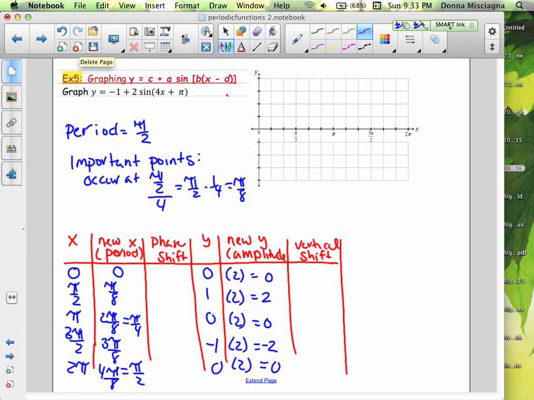All right, so my first point, and I'm going to use new x from the period change, new y from the amplitude change. So I'm going to start at 0, 0. And then the next point is pi eighths, 2. I don't know if you can see, but that right there is pi halves. And so these are 1 pi, 2 pi.